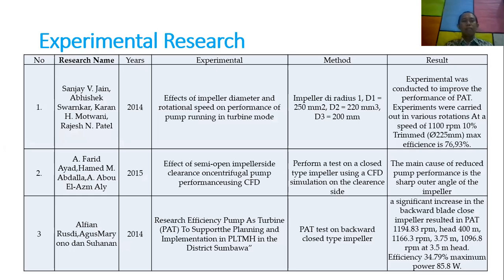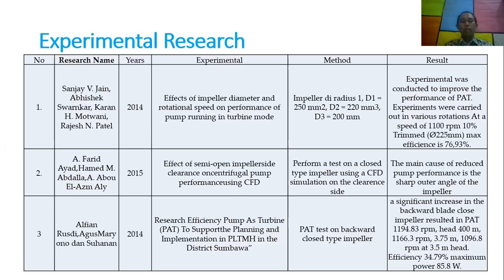Experimental research: Sanjay and friends did an experiment that improved the performance of PAT, with a maximal efficiency of 76.93%. And Farid and friends had the result that the main cause of reduced pump performance is the shaft outer angle of the impeller.